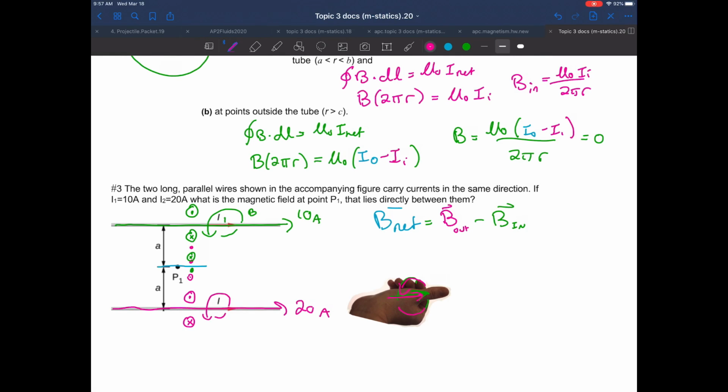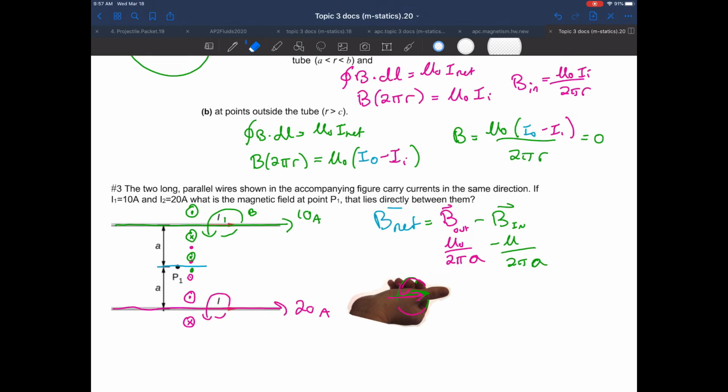And then we can just write out the equation for each one of these. So we can write mu naught I over 2 pi R minus mu naught I over 2 pi R. Then we can replace our R's with this value A, which is what it's given, and we can replace our I's with the two numbers in the problem.